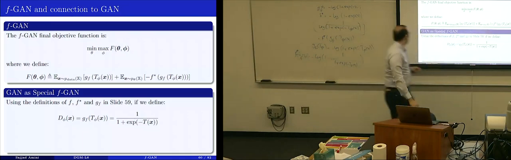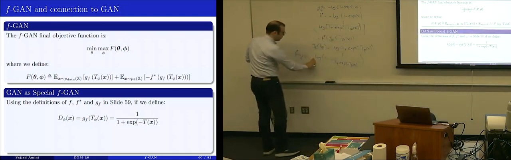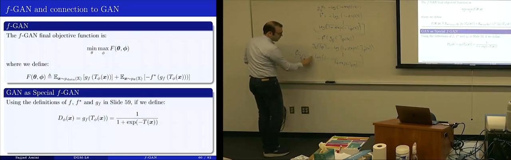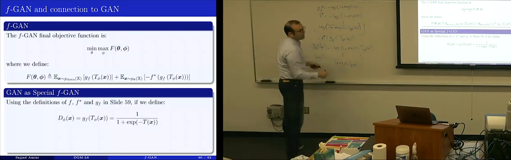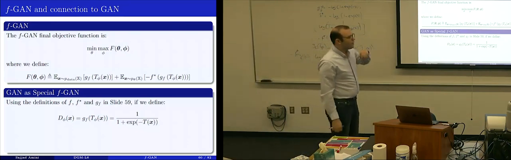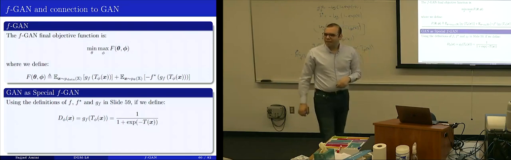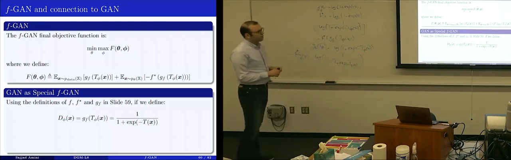If you apply this minus here, it is cancelled, and finally you will see that this term is exactly 1 minus D phi of x. Does it make sense? Okay, this was the first problem.